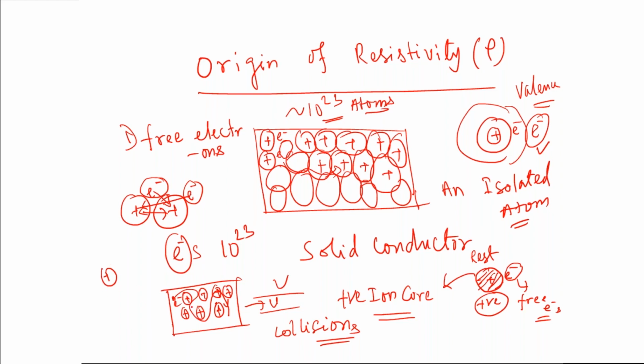This electron which is moving can encounter many collisions with all the other positive ions as well as other electrons, while moving inside the material. So what is the origin of resistivity or resistance? That is the collision.